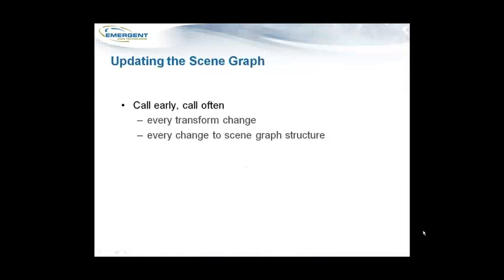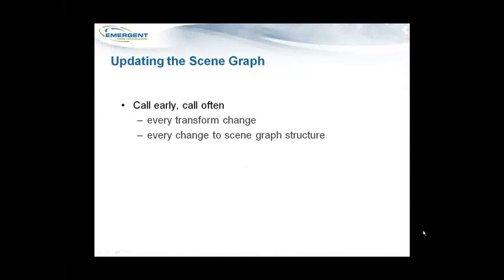Getting both correctness and performance from the scene graph usually requires carefully calling update. Now, update is a function on every node in the scene graph, which you have to call every time a transform changes or every time the scene graph structure changes. Well, when do transforms change? When you're animating something, when you're morphing something.